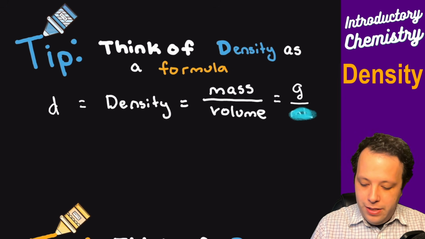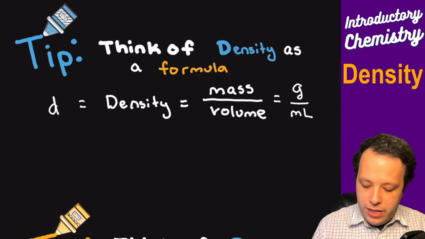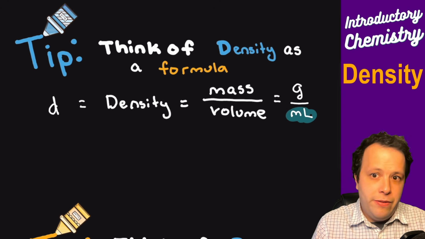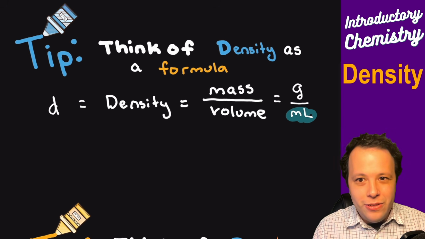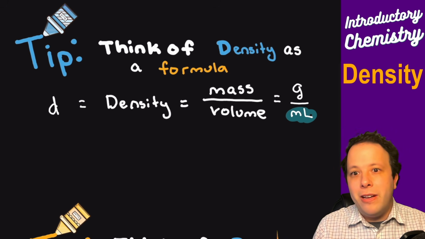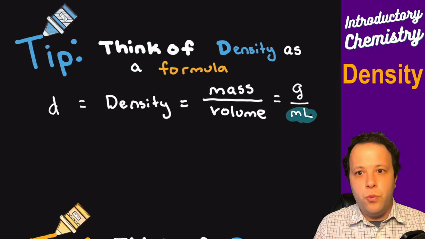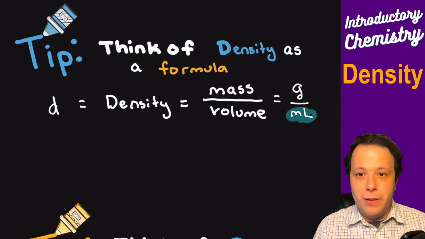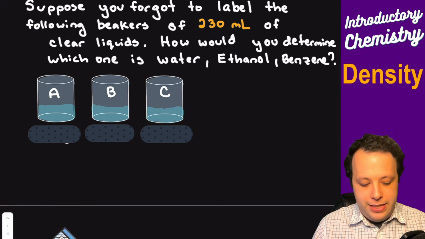How could we figure out the other? Well, we need the mass. What do you have available to you in the lab? You'll quickly remember, oh, we have balances. So what if you just weigh the different liquids? You can put the beaker on the balance, weigh it, and determine exactly how much that liquid weighs. So let's go back to that example.